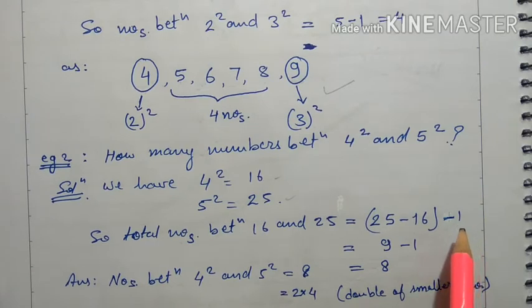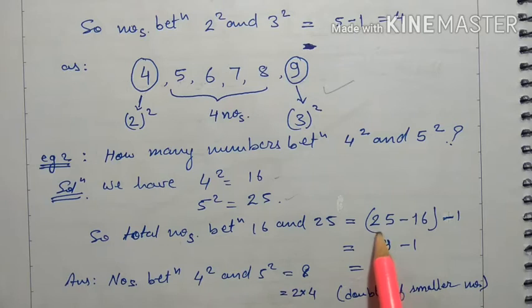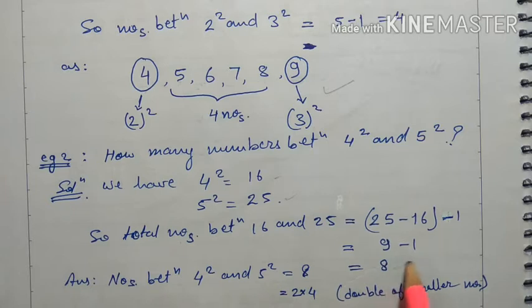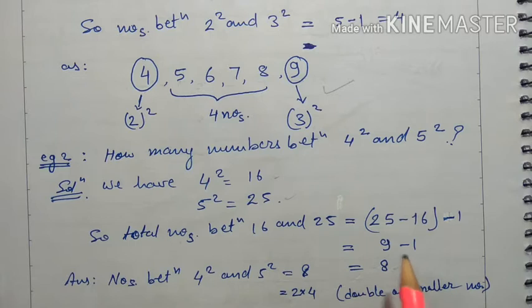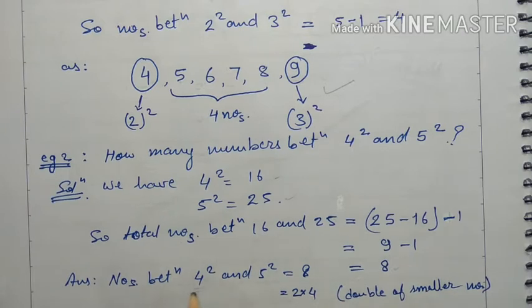That will give how many numbers are between them. 25 minus 16 is 9, and 9 minus 1 is 8. So the total number of non-square numbers between 4 square and 5 square is 8, which is double of the smaller number. Double of the smaller number means double of 4.